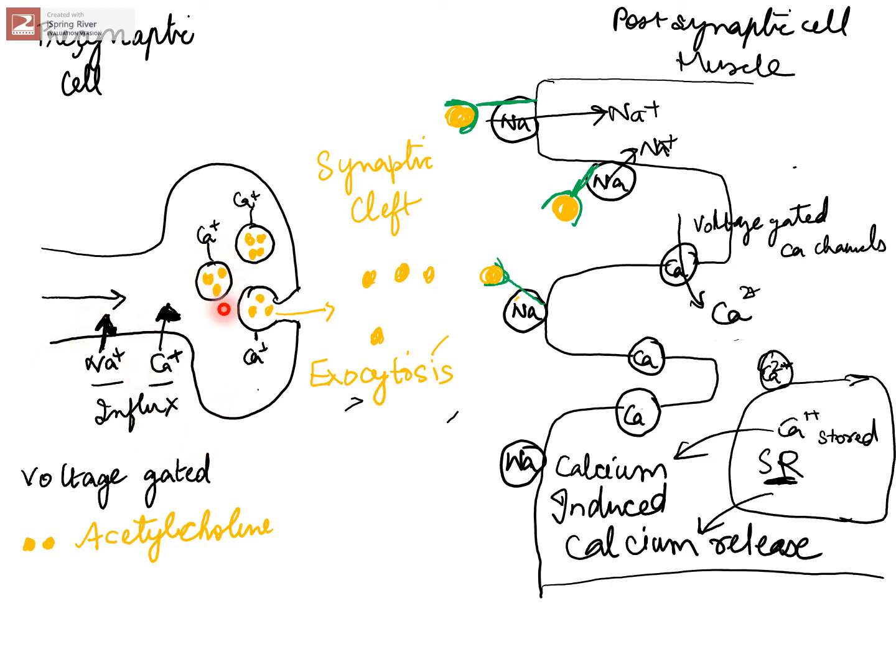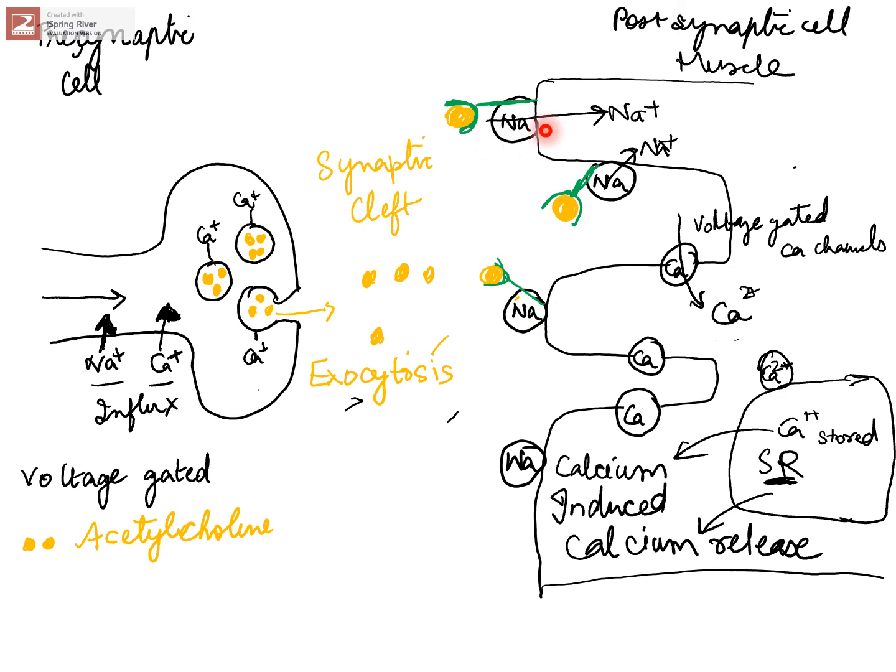Calcium binds to the acetylcholine vesicles to activate them. Acetylcholine gets released into the synaptic cleft by the process known as exocytosis. The acetylcholine binds to the receptors on the muscle cell, which in turn activate the sodium channels.